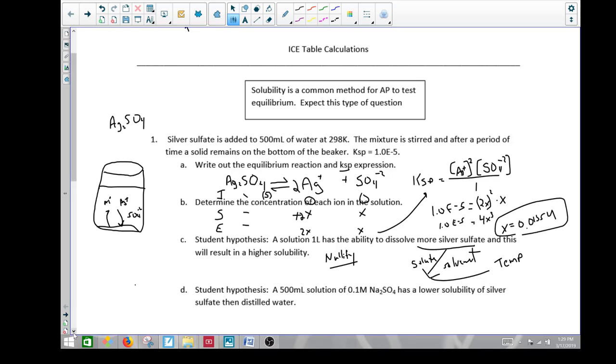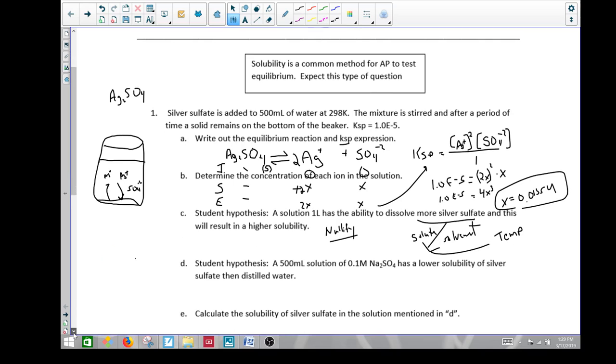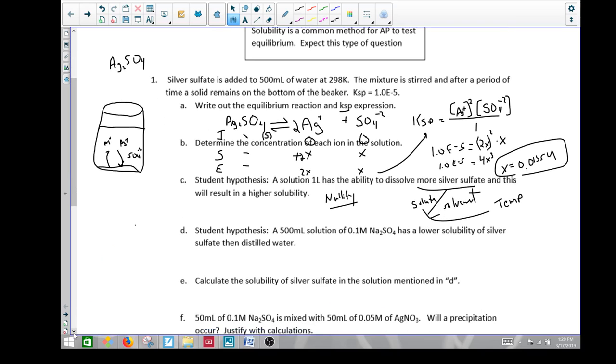What this is saying is that if I have a beaker and I'm going to try and dissolve silver sulfate, just like in the top one, I'm going to attempt to put it in 2 beakers, this one or the other one.